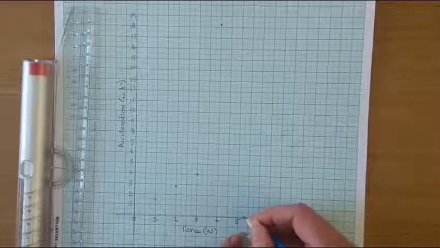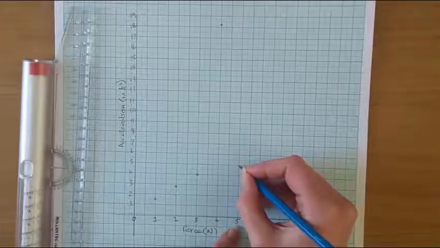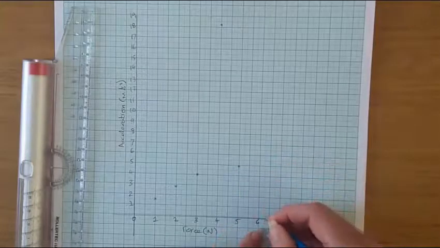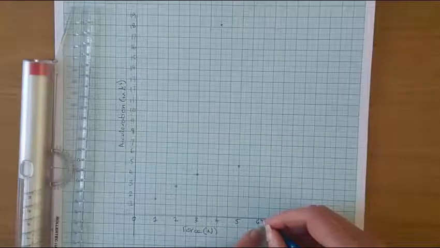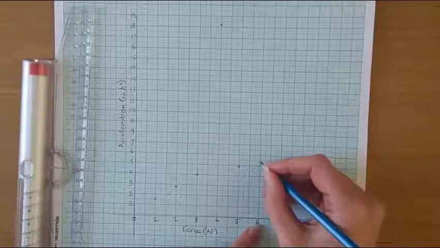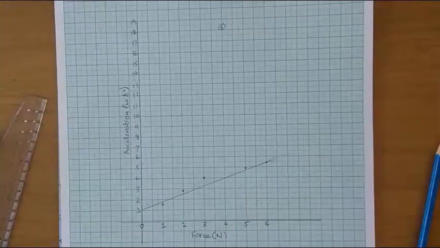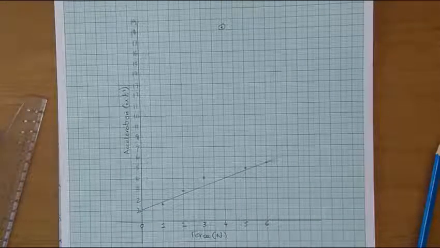At 5 we had 4.93, so that goes to 4.9, and at 6 we had 5.42. That's there. Okay, so right at that point my video stopped recording without me noticing, so I'm just going to talk you through how I got this line of best fit.